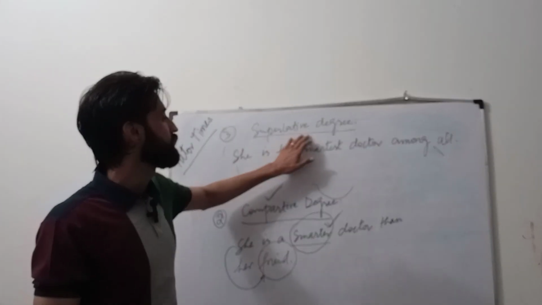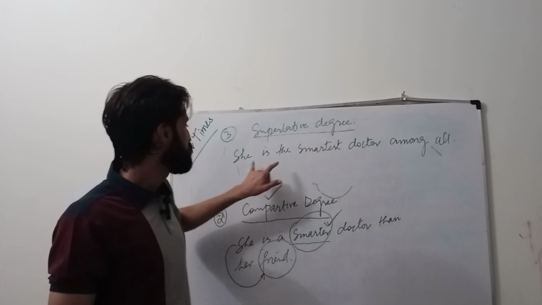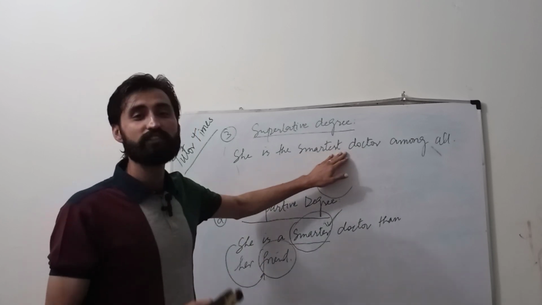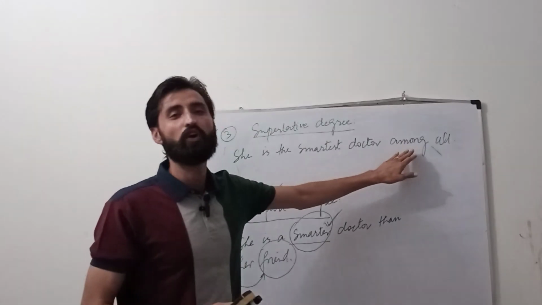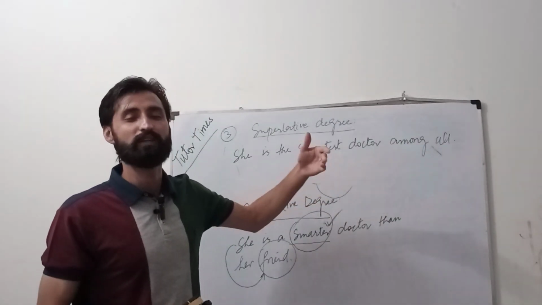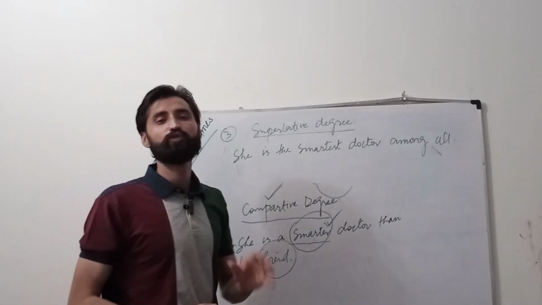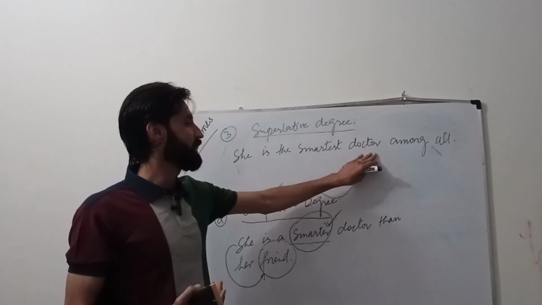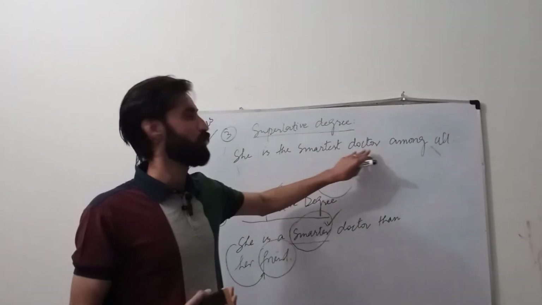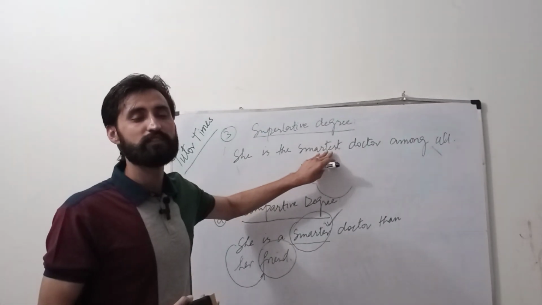I have used the superlative degree of adjective and it shows that she is the only smartest, and I have compared it with all the doctors around the world, or those who are working in that specific hospital, those who are in the community that are known to us. So यहाँ पर देखें मैंने उनको prominent किया हुआ है through this superlative degree of adjective जो कि है smartest.